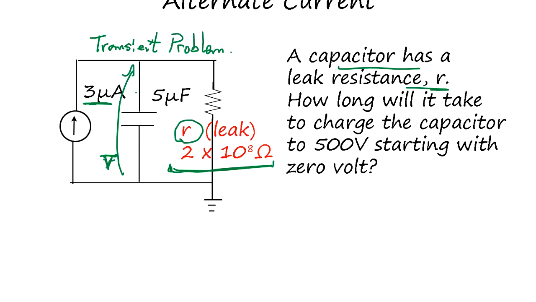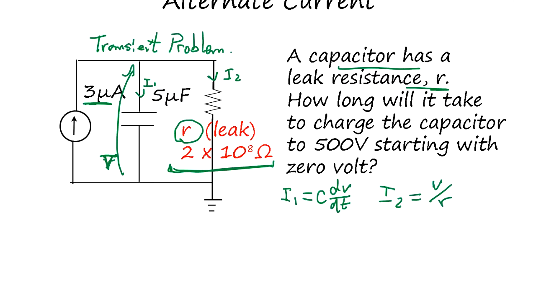Now the current going here is C dV/dt, and the current going here is V over R, right?